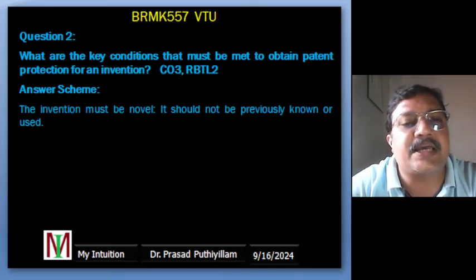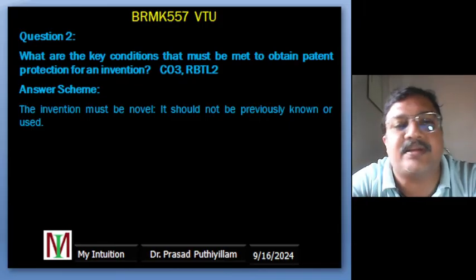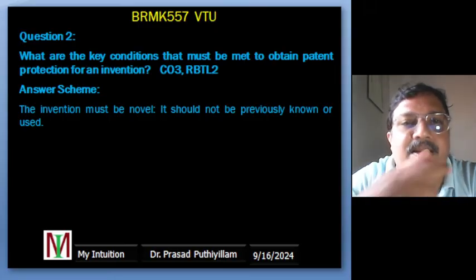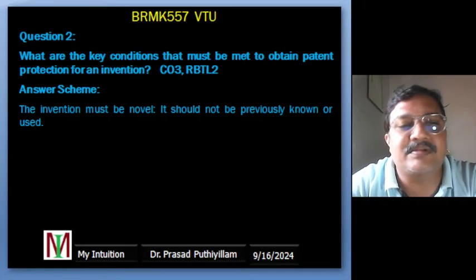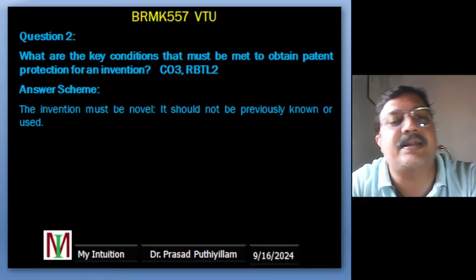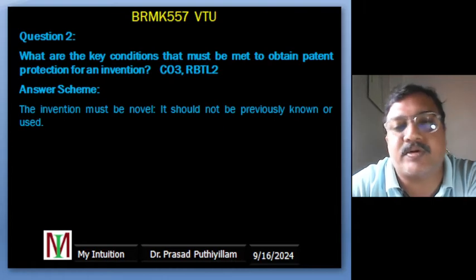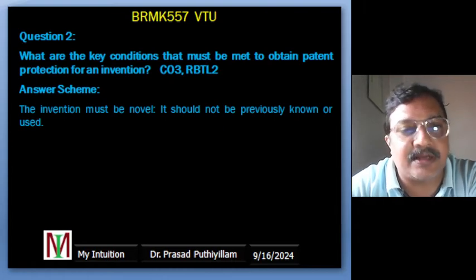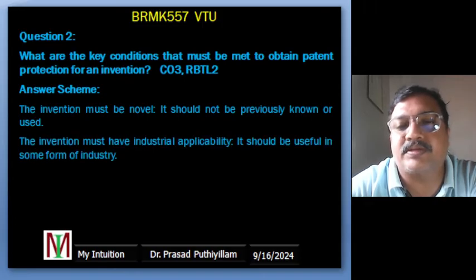But if someone else had already invented a similar phone, which can be used as a phone as well as take tap water and purify it, then it will not be a novel one. Mobile phones were there earlier, but a mobile phone which can also purify water is a new invention, or novel. So novelty should be there.